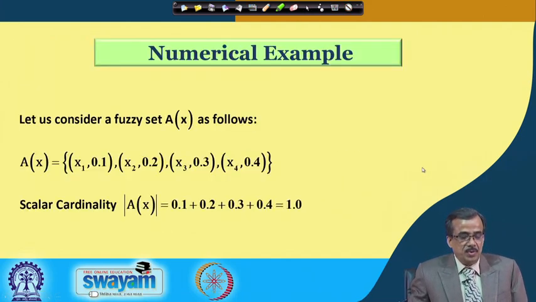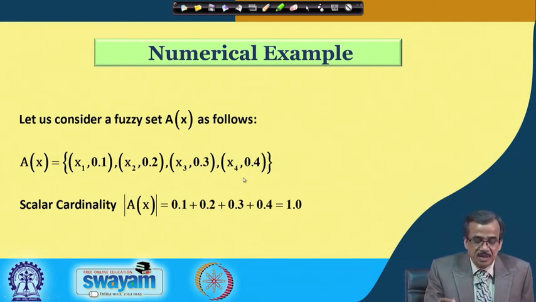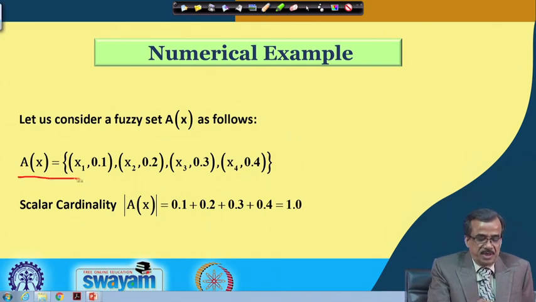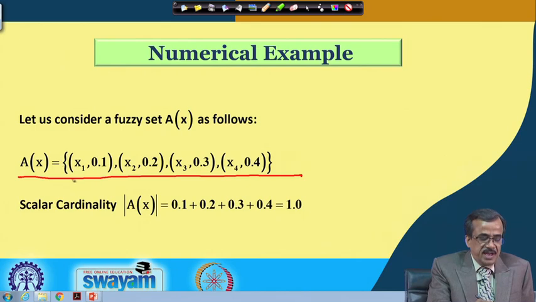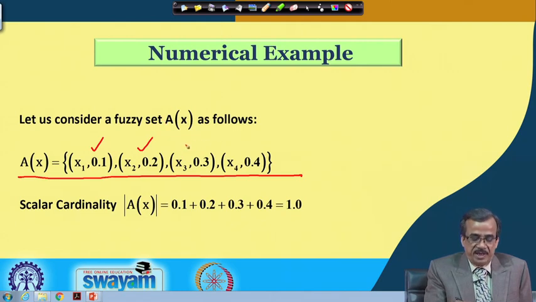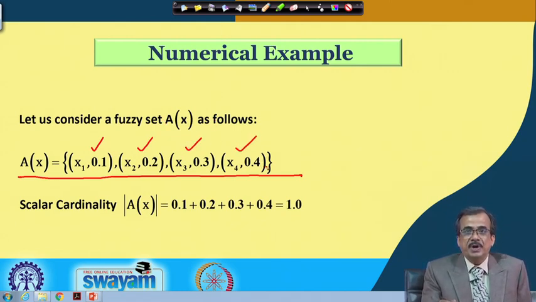Now, I am just going to solve one numerical example to find out the scalar cardinality of a particular fuzzy set. Let me assume a fuzzy set having discrete values corresponding to 4 elements. So, A(x) is nothing but x1 comma 0.1, x2 comma 0.2, x3 comma 0.3, x4 comma 0.4.